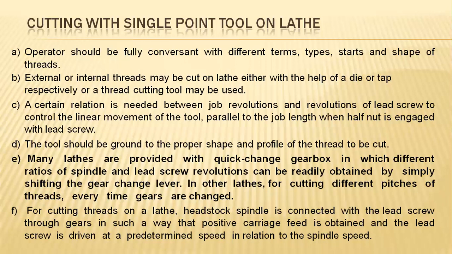Because the tool should be ground to the proper shape in order to get the exact profile of the thread that should be processed during the machining process. Nothing but the cutting should be done in order to have the perfect profile.